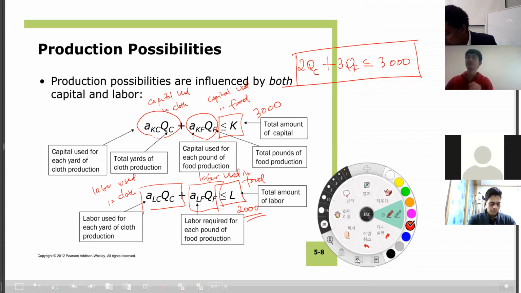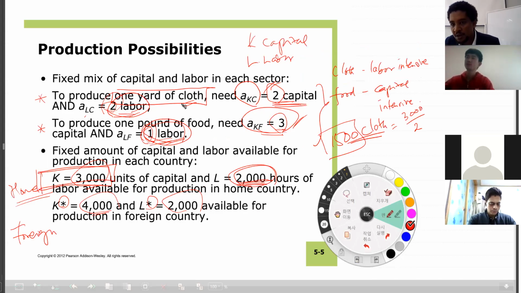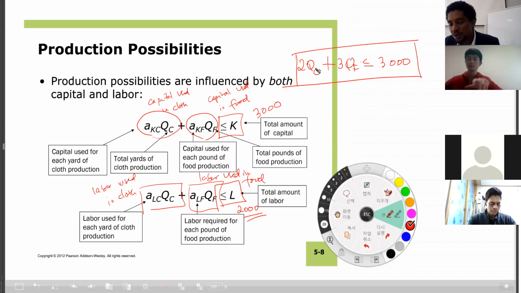Here it says to produce 1 yard of clothes we need 2 capital, and to produce 1 pound of food we need 3 capital, and the total capital we have is 3,000. So 2 times quantity of clothes plus 3 times quantity of food should be less than or equal to 3,000. That is the first equation.